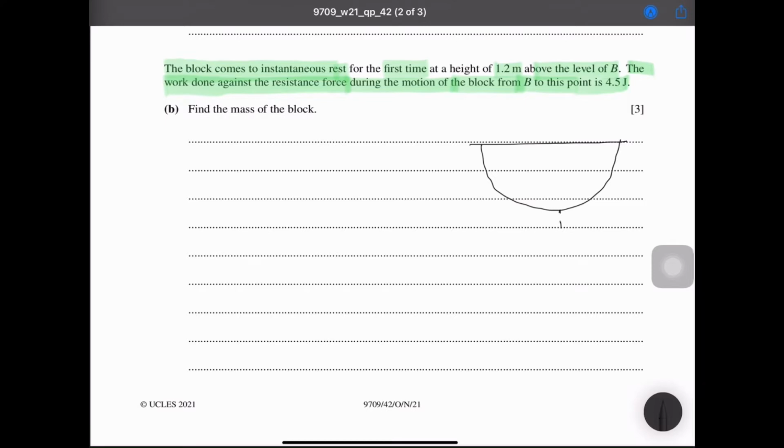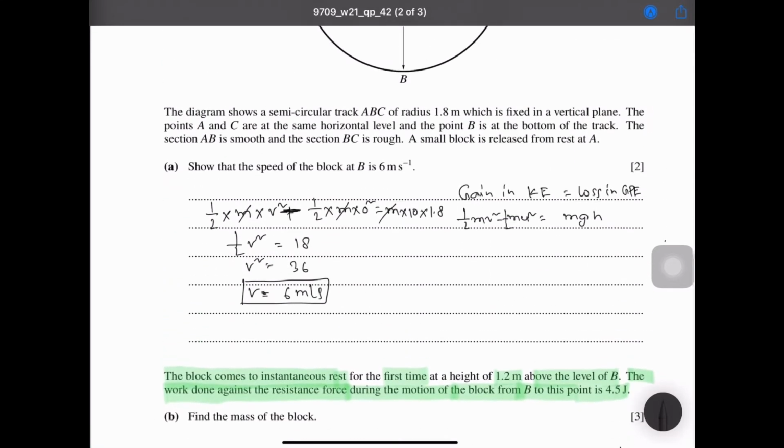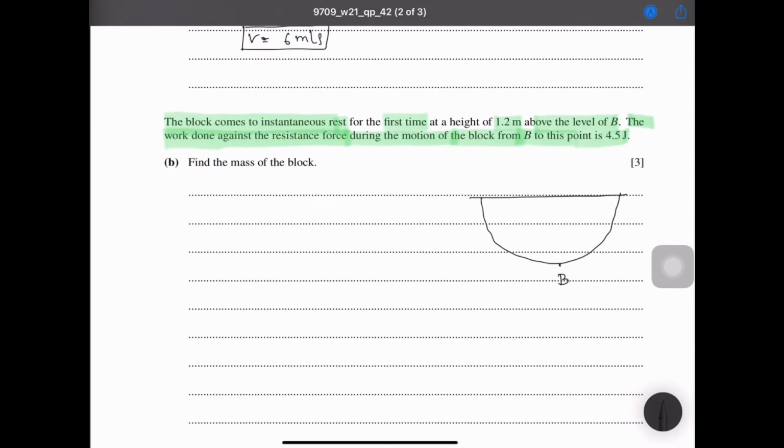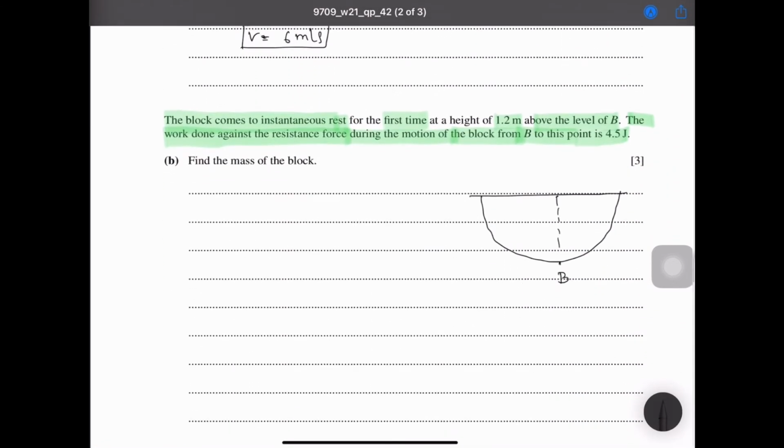This is B, the lowest point. This is 1.8 meter. Now it's going above the level of B by 1.2 meter. This is the height.